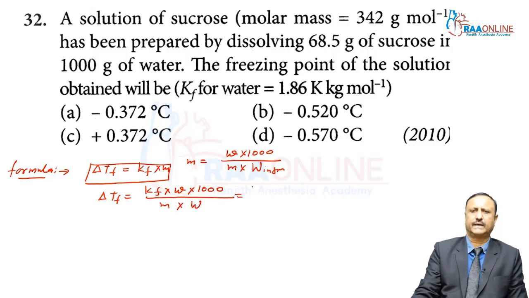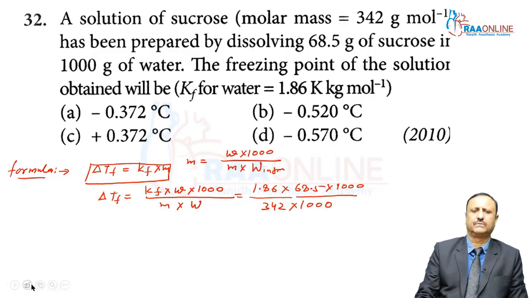When you put the values, what is Kf? 1.86, multiplied by small w, that is 68.5 gram, the weight of solute, sucrose dissolved in 1000 gram, it is a solute, my dear students, and this is a solvent. So, here 1000 gram, upon small m, the molecular weight, that is 342, and multiplied by the weight of solvent, which is 1000.